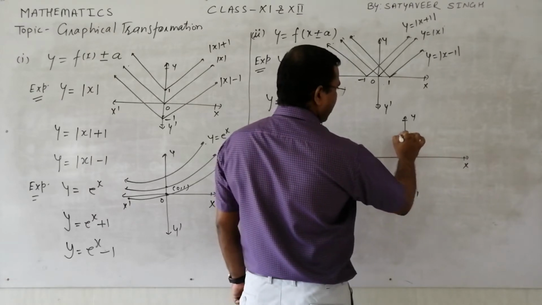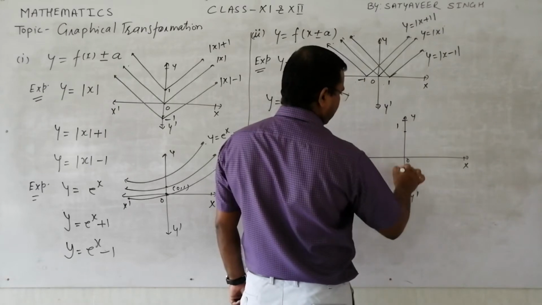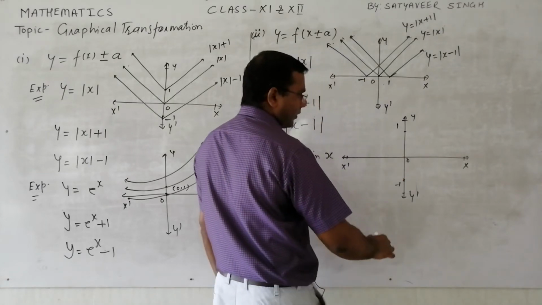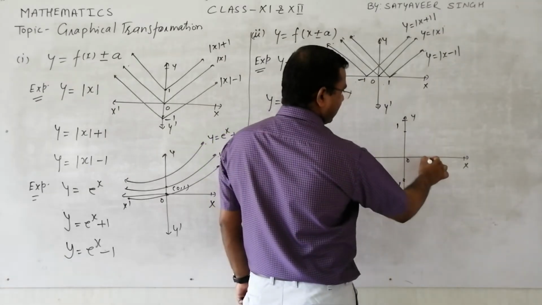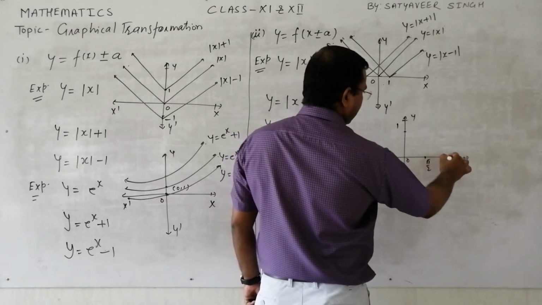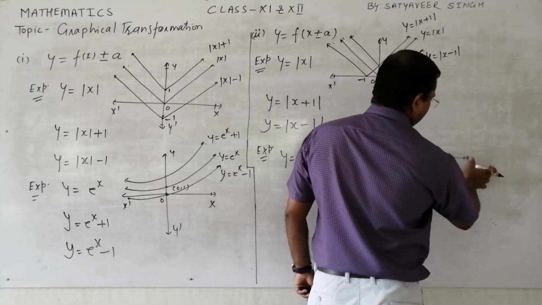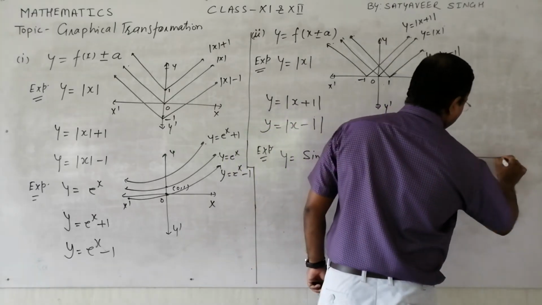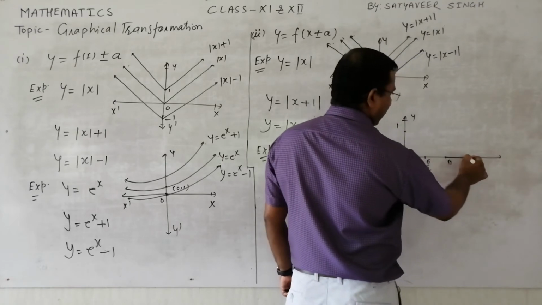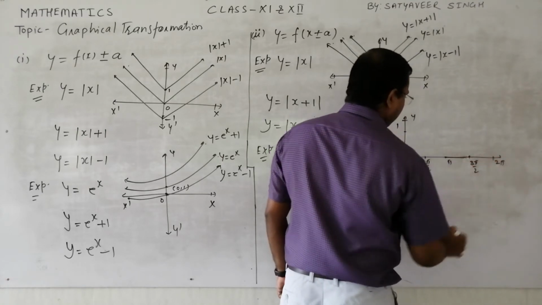Here it is 1 unit. So this is 1, this is -1 here, this is π/2, and this is π. Here it is 3π/2, and this is 2π.